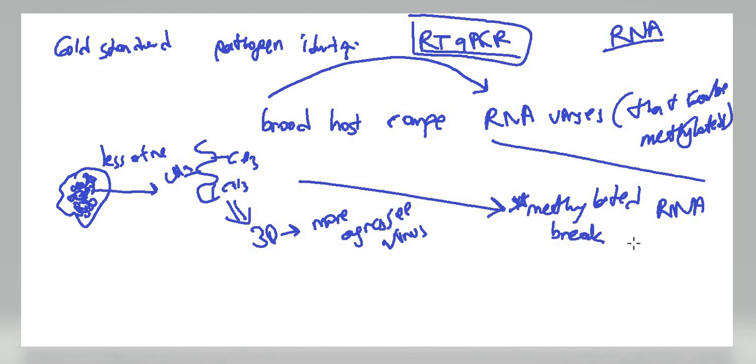So the methylated RNA breaks, so it is too hard for you to use gold standard pathogen identification. One part is for identification, and also this methylation also gives another interesting property.